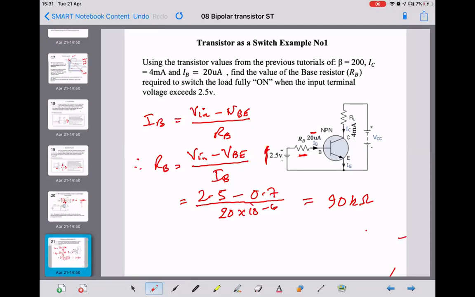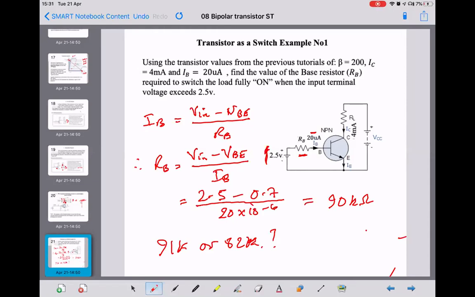Remember we looked at preferred value resistors before. The two nearest to that are, so you can choose either 91K or 82K from the preferred resistor values. Which would you choose?